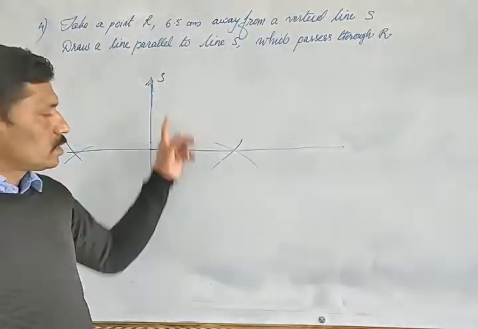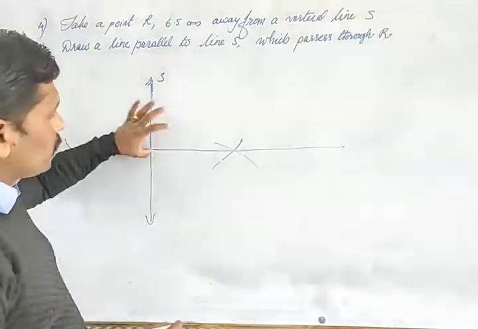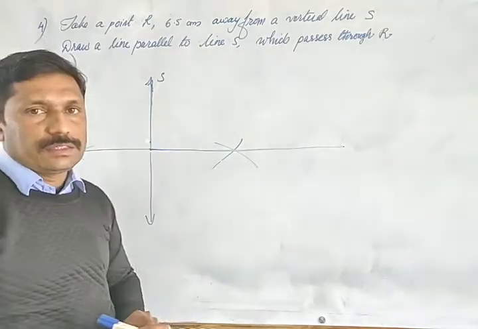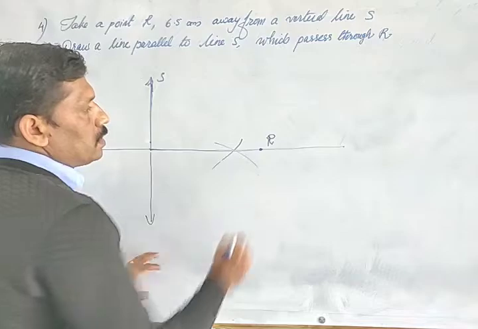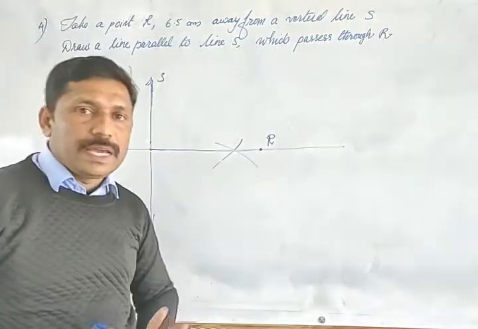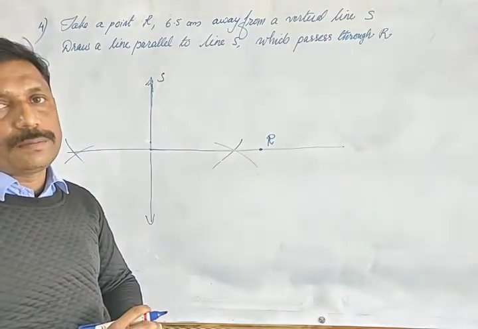To line S, we make a perpendicular line and we draw it, and from here 6.5 centimeters away, take the compass and make a point R. And through this R we have to make a parallel line to this line S. How to make the parallel line?